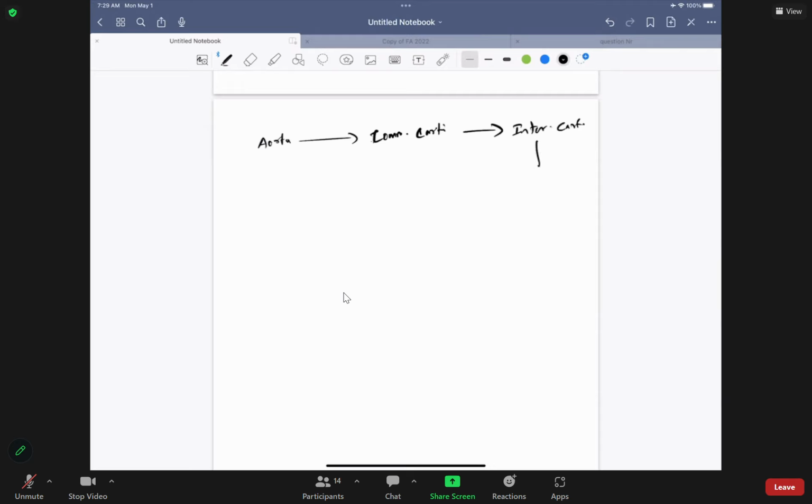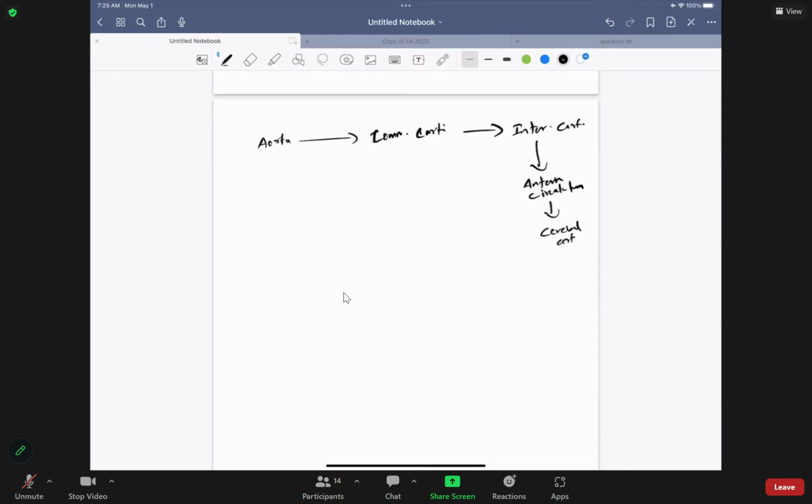Internal carotid, where does it go? All the cerebral arteries, right? But to be more specific, it should be anterior circulation, cerebral arteries.